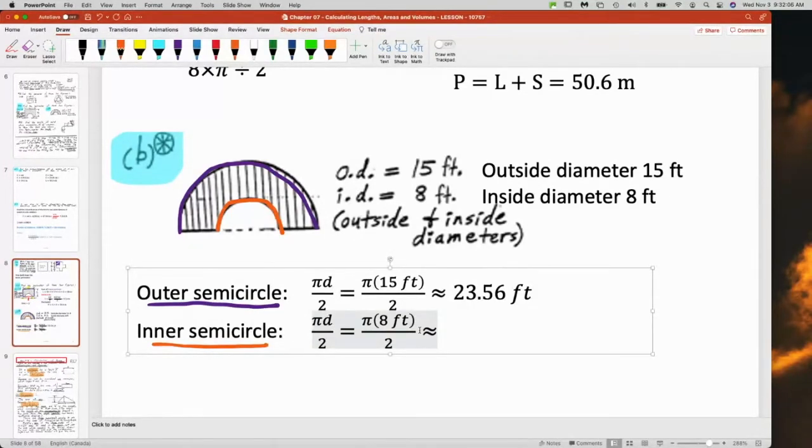So that's 12.57 as per Nicholas. Thank you. So now, have we found everything? No, we need a couple more lengths. So anybody want to tell me, or the class here, what's this length here? This guy right here. How much is that?